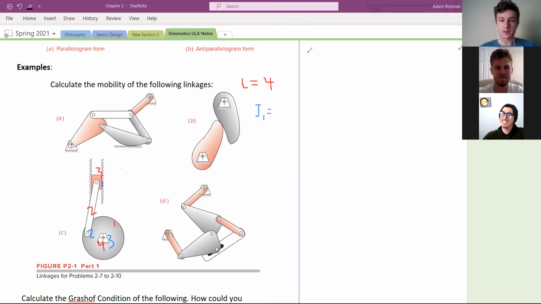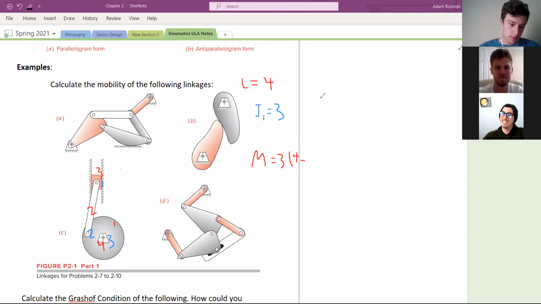So let me just draw these out so we'll also have this on the recording. 3 full joints, so our mobility ends up being 3 times... Is there 3 joints or is there 4 joints?